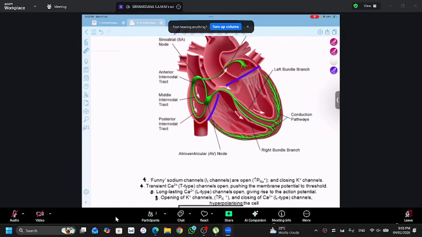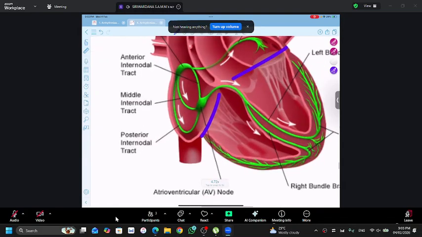The only connection that is there is through the bundle of His. That is a conduction tissue connection. That is the singular connection between the atria and the ventricles.